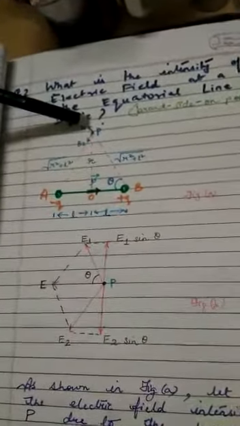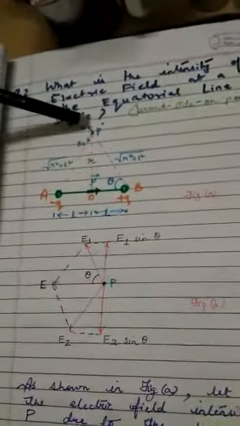On resolving E1 and E2 into their components as shown in figure B, now this is our E1, E2. We resolve it into two components, E1 sin theta, and where is E1 cos theta? Obviously it is along this direction. E2 sin theta, and where is E2 cos theta? Along this direction.